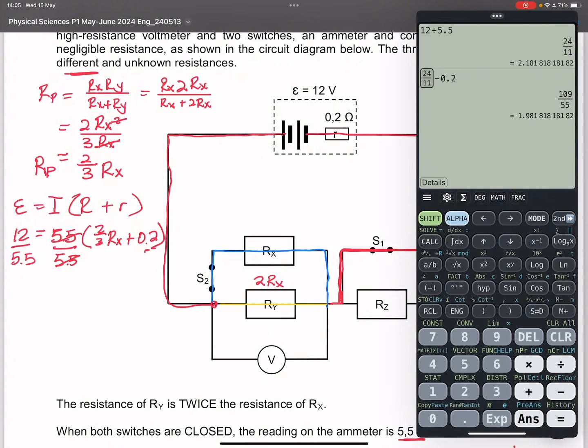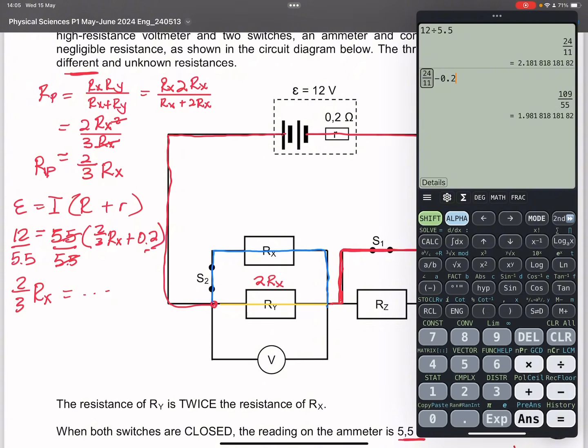Now we end up with 2 over 3 Rx. Okay, so I want to write 2 over 3 Rx is equal to that value, 1.98, and so on.